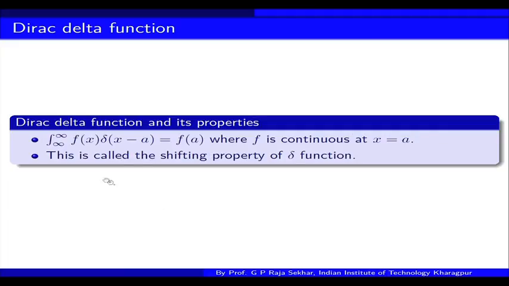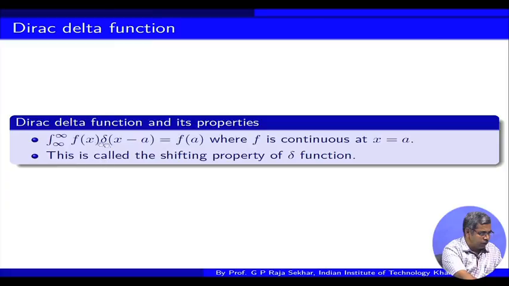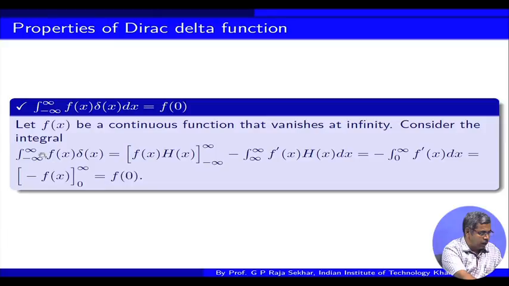Apart from this, there are several properties. This can be done at 0. Okay. We can show the same for the shift. If it is the delta function, this is obviously f of 0. So, this can be done very quickly. Consider this convolution, then if you integrate by parts, this is f of x into h of x at these limits, then this.